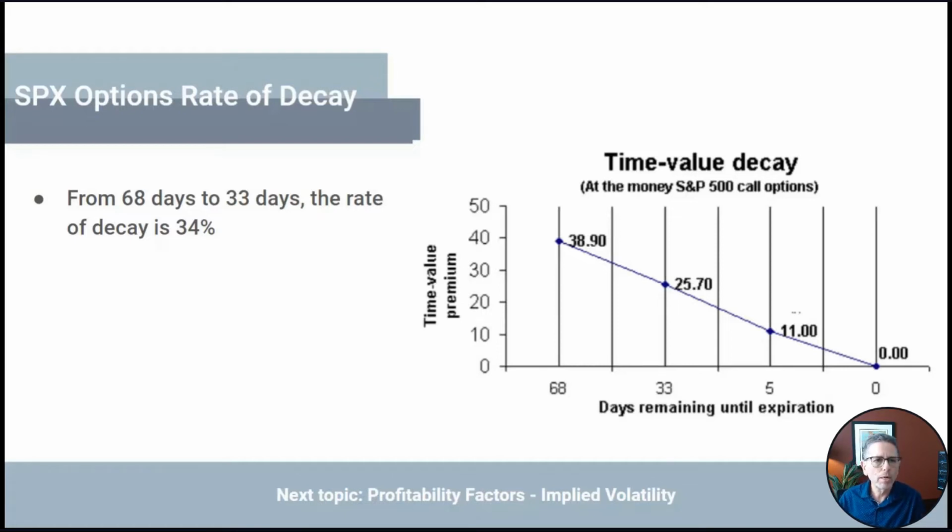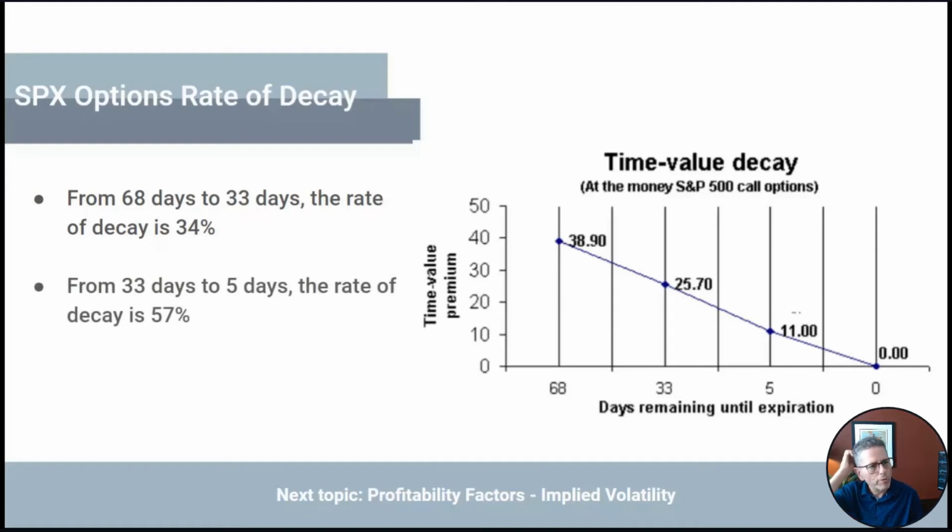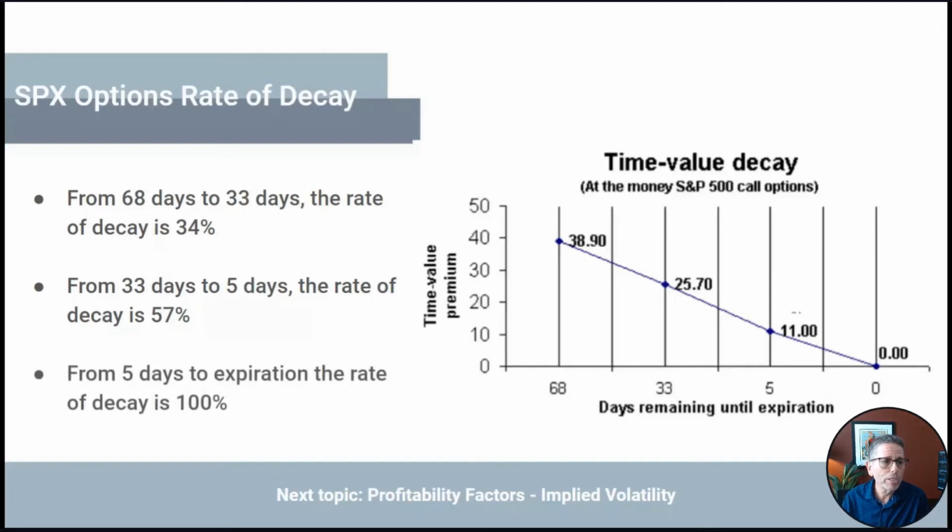If the market doesn't move at all, there's a decay in options that allows you to collect that premium and close it for a smaller amount. From 33 to 5 days, the rate of decay is 57%, and from 5 days to expiration, the rate of decay is 100%. You can see here that the rate of decay goes higher as the expiration comes into play.